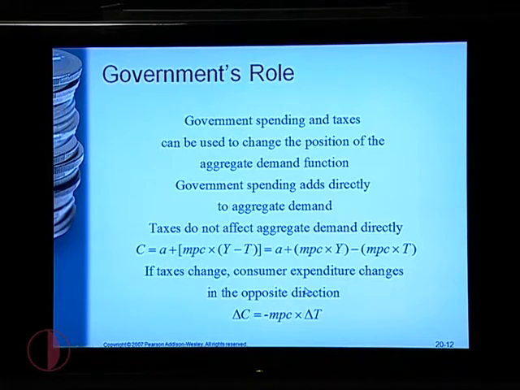Government role. The government's role in an economy can be in the form of government spending and taxes. So government spending and taxes can be used to change the position of the aggregate demand function. Government spending adds directly to aggregate demand, but taxes do not directly affect aggregate demand.